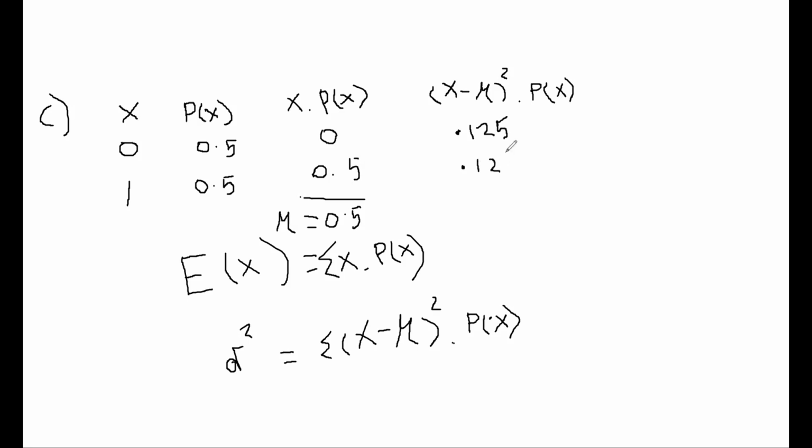I know it gets confusing when you hear it. When I say I'm plugging these values, rather you do it in your calculator and see if you get the same result or not. Now if you add 0.125 and 0.125, you will get 0.25. So your final result, or the variance of this math, is 0.25.